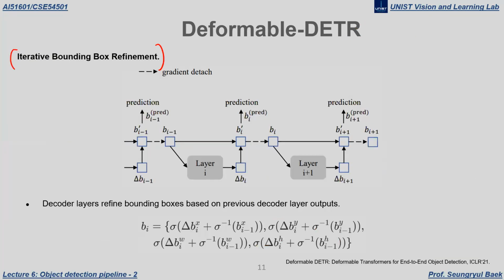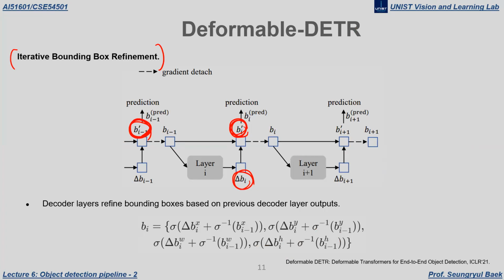So at each decoder layer, we predict the bounding boxes, okay? But we can improve the previous bounding box by estimating their residuals, okay?